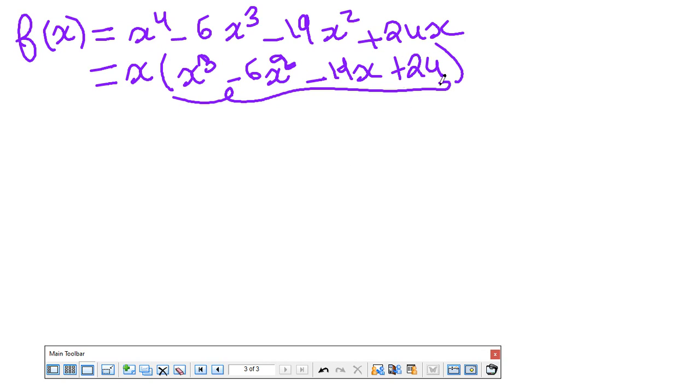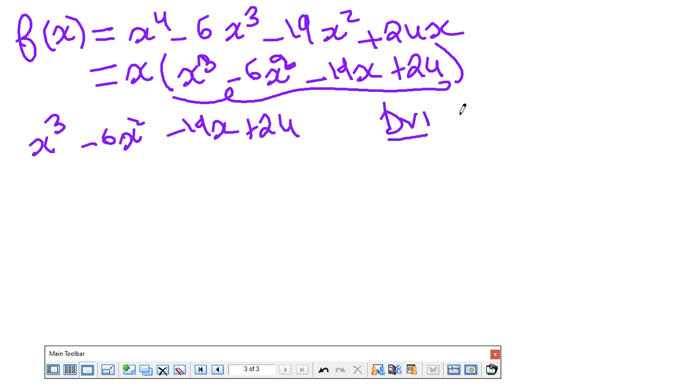We try to find the divisors of 24 and see if there are zeros of this polynomial. The divisors of 24 are plus or minus 1, plus or minus 2, and there are many divisors. Let's try if 1 works.